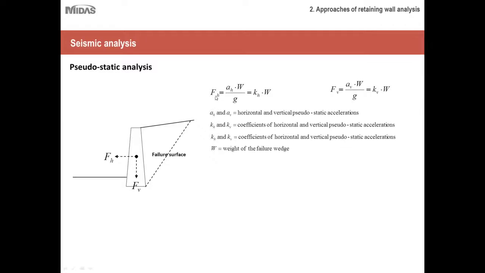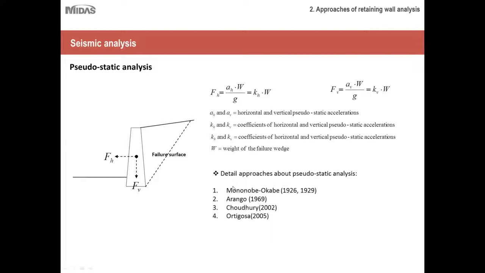So we compute this FH and FV from this method. Now there are different theories that have been refined over time, and every time a new theory comes up, it modifies something with different coefficients, but the basic skeleton remains the same.